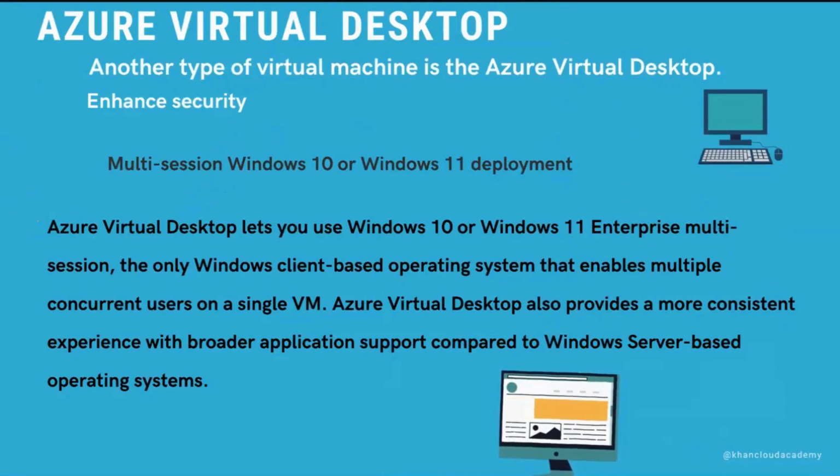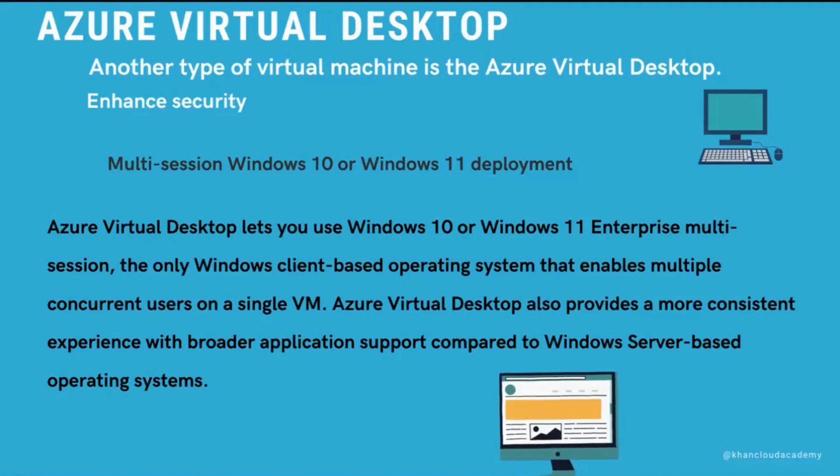Suppose you are working for some company or client, and they have some hardware. They are not going to install your other software, because of data privacy. That's why Azure Virtual Desktop comes into the picture. With your machine, you log in using Citrix or a virtual desktop, and inside that, all your client work is going to happen. That's why it's used majorly.